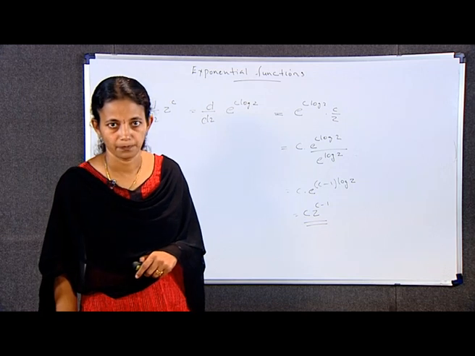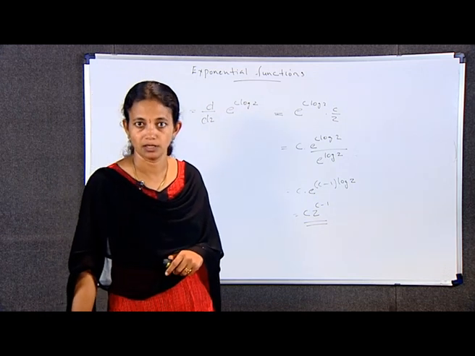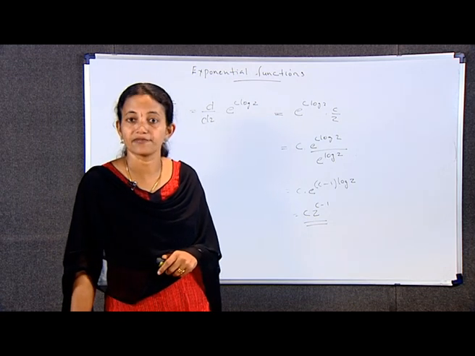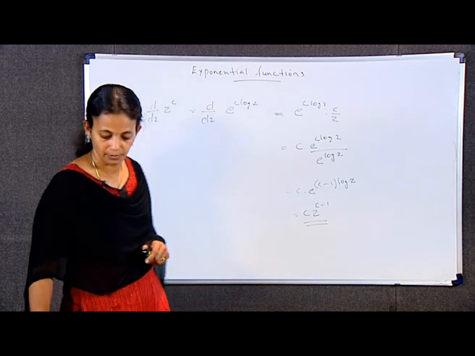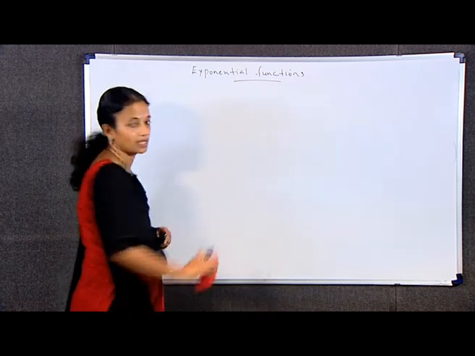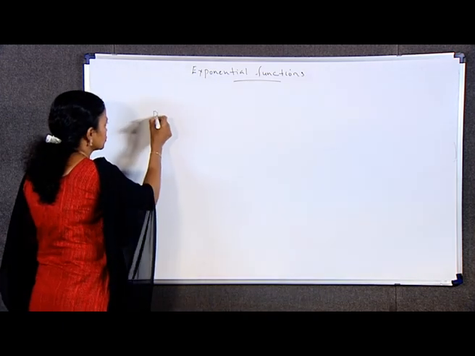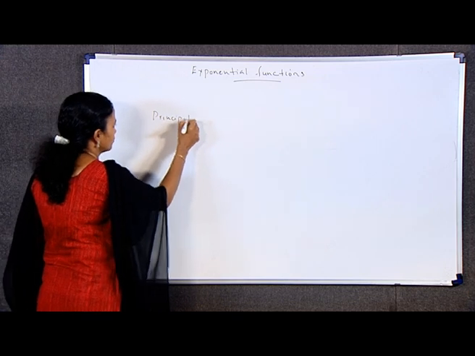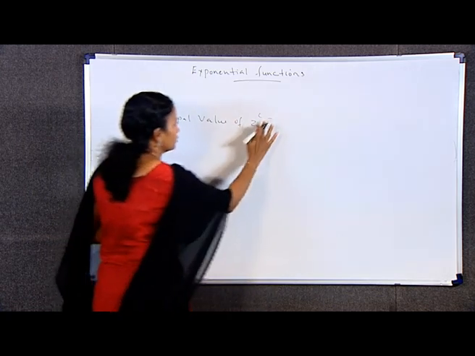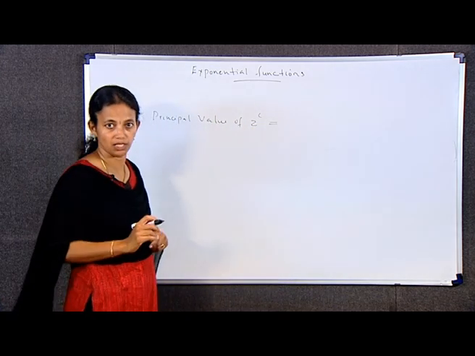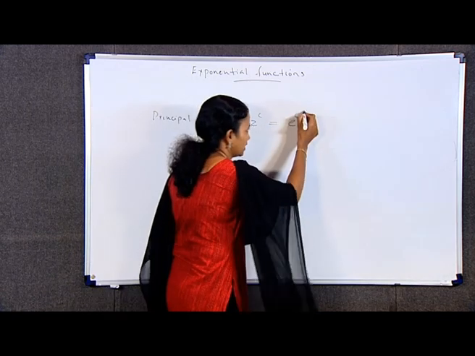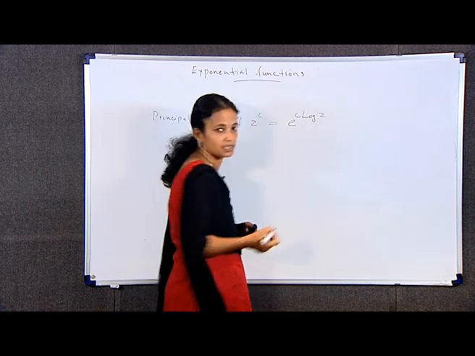The principal value of z raised to c occurs when log z is replaced by capital Log z in the definition 1, and it is given by the principal value of z raised to c, which is equal to e raised to c times capital Log z.